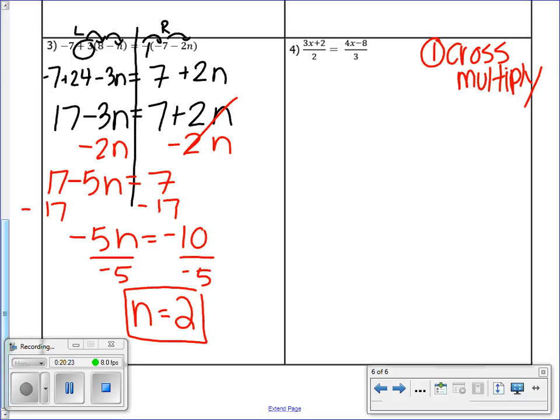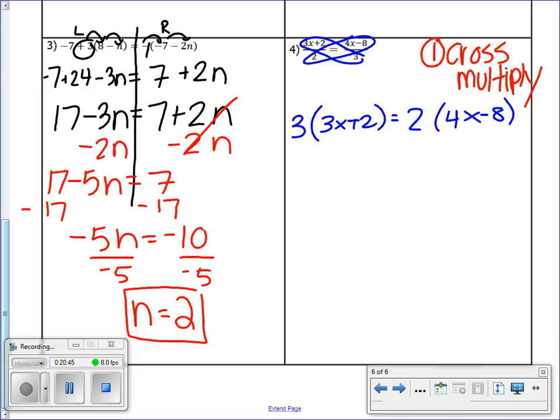So when you cross multiply here, you are taking the bottom denominator with the opposite numerator. So we have 3 times the quantity 3x plus 2. Your other denominator, 2, with the opposite numerator. So 2 times 4x minus 8. And you set those equal to each other.